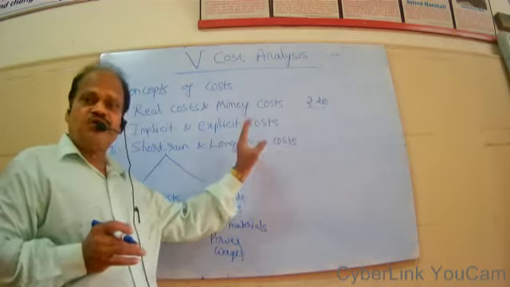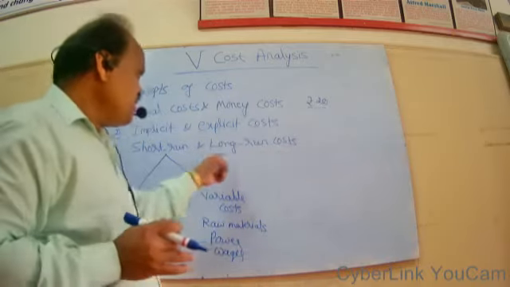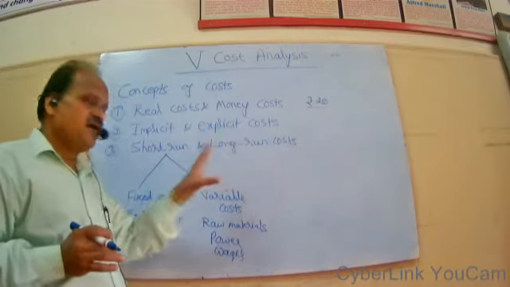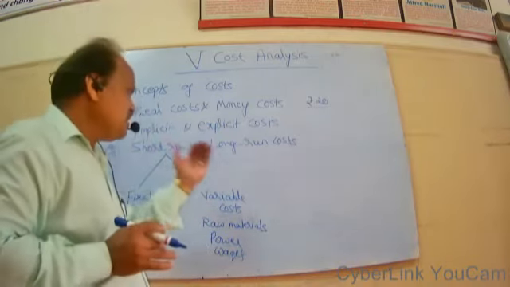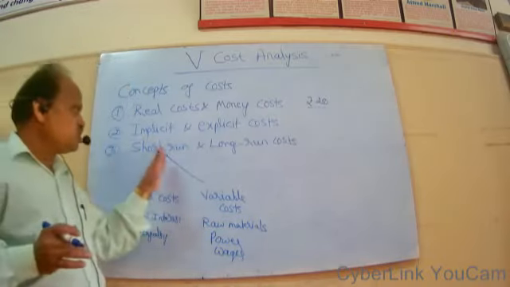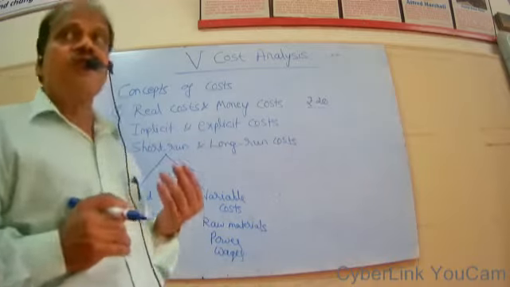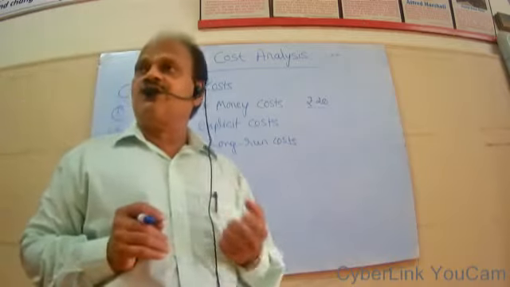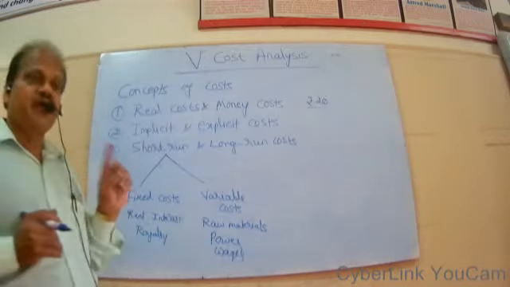So, long run costs are the variable costs. Already we have discussed short run production function and long run production functions with the help of the law of variable proportions or the law of diminishing returns and the laws of returns to scale.